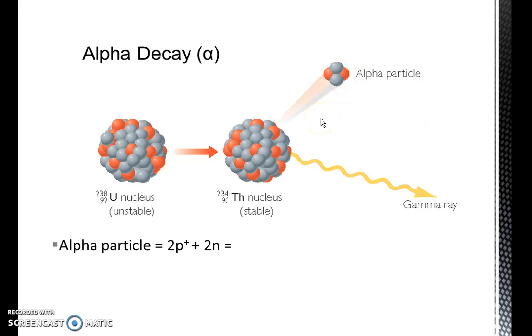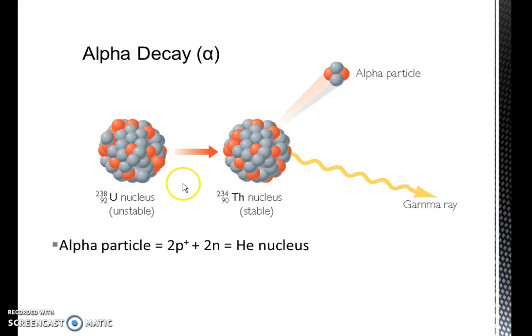Well, what does that sound like? That's actually a helium nucleus. So a helium nucleus has 2 protons and 2 neutrons, and in this case we've got that just without the electrons around it, so it's not a helium atom, just the nucleus.